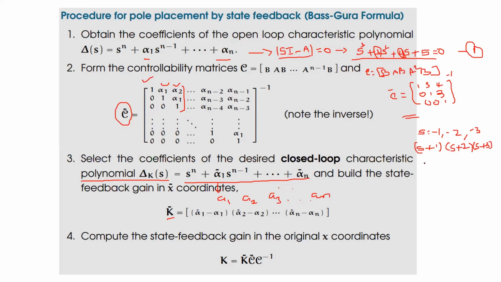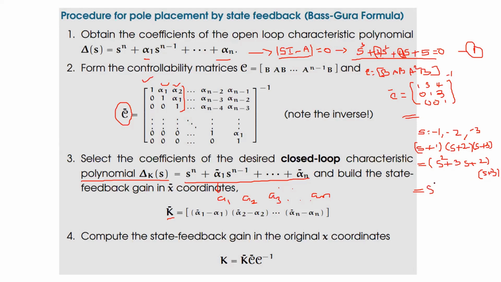Now multiply these 3 factors. First s plus 1 with s plus 2 gives s square plus 3s plus 2, multiplied again with s plus 3.